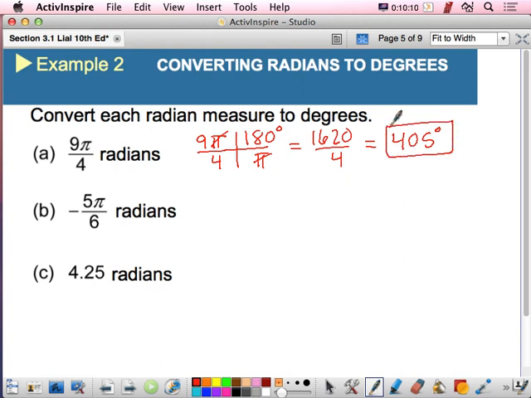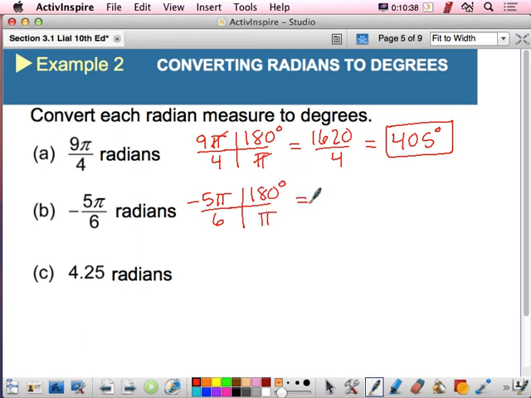I kind of like to go this way because we're not usually left with any fractions, and when you're dealing with a degree measure, it's preferable to have it in a decimal form, even if you get one. So I just like to go from radians to degrees better than from degrees to radians. Let's take a look at negative 5 pi over 6. Negative 5 pi over 6 multiplied by our conversion factor of 180 degrees divided by pi.